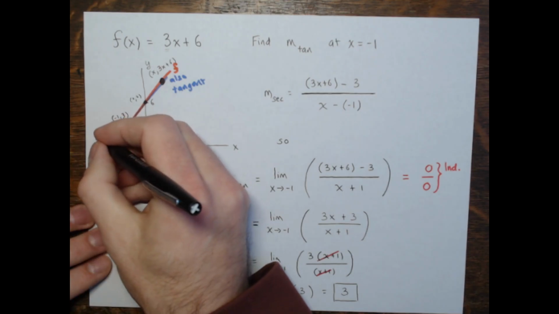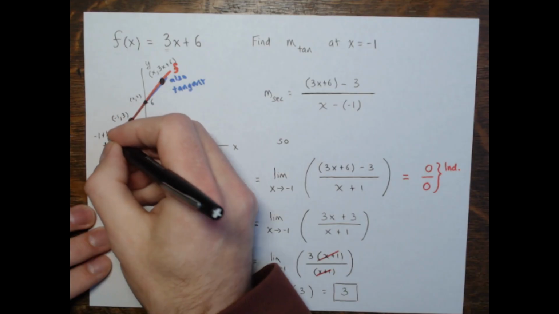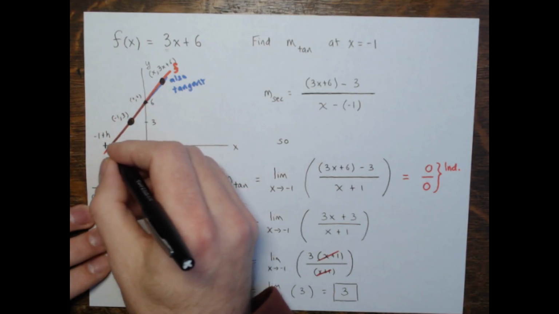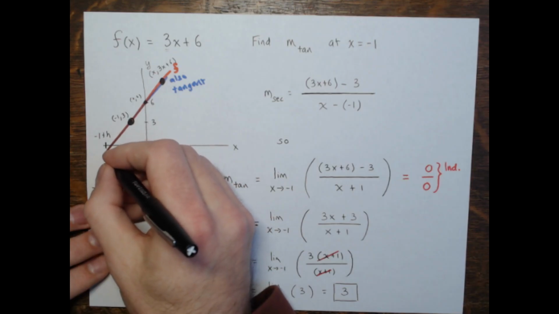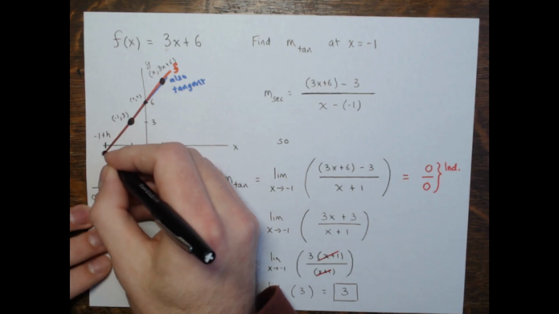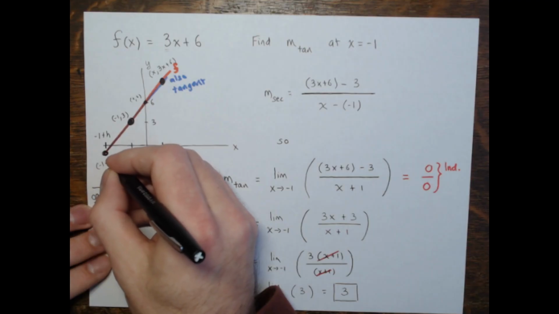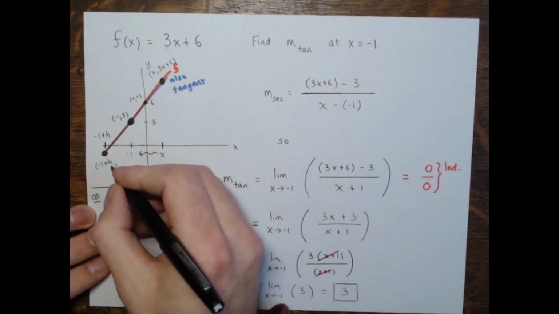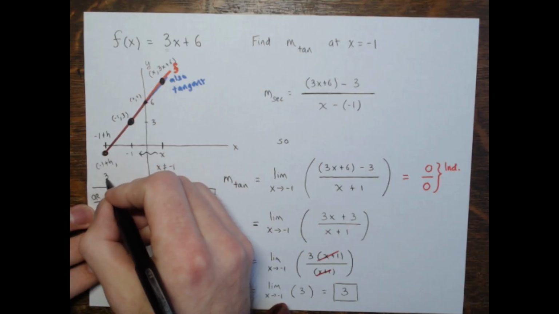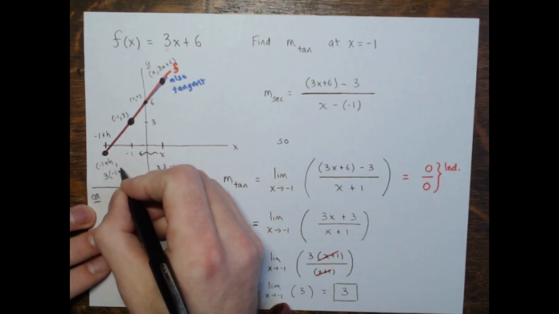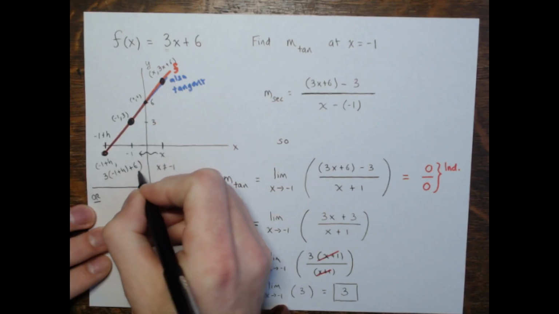I go to -1 plus h. Add some horizontal change. So here's this other point, with -1 plus h as the input, and then 3 times -1 plus h plus 6 as the output.